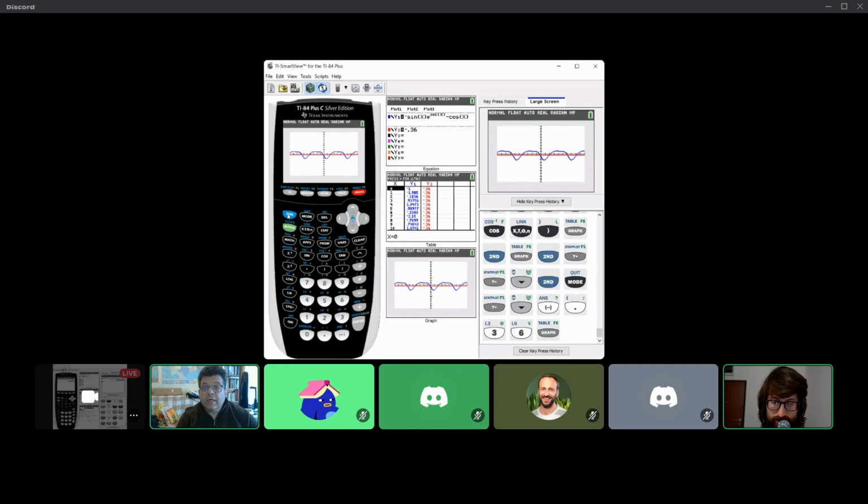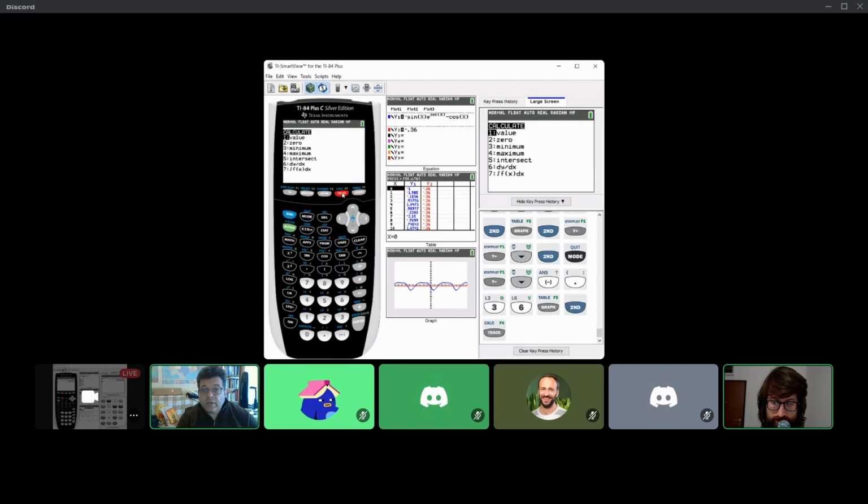Okay, so if we go to second trace, that allows us to calculate the intersection. Since we know our options for the answers in this problem are from 0 to 2.5, we find the intersection for the first curve, yes.